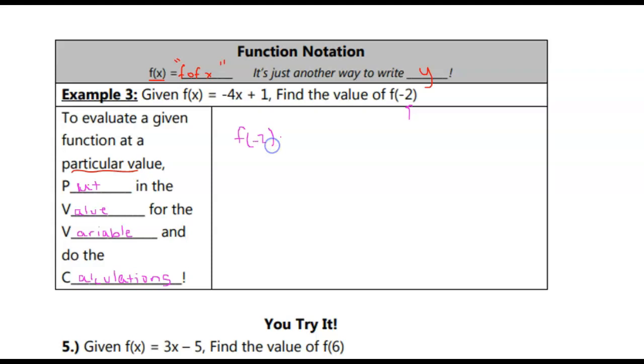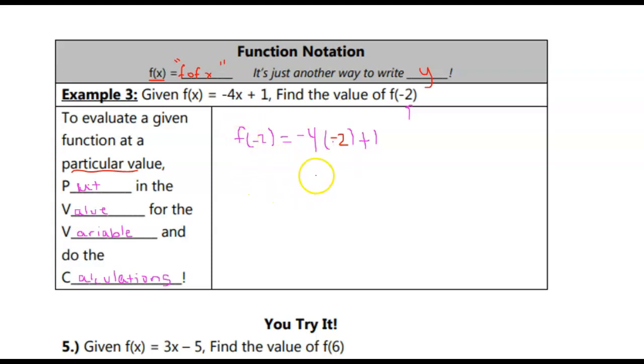Notice I input that in. And I'm going to put -2 in everywhere I see an x. So -4 times -2 plus 1. Notice I input -2 everywhere I saw an x.